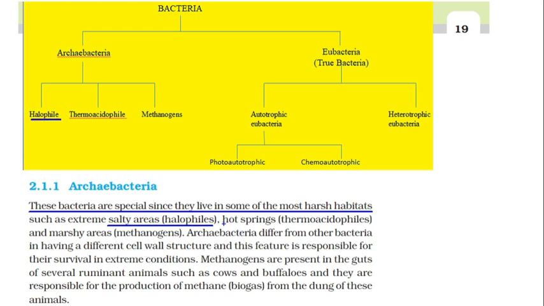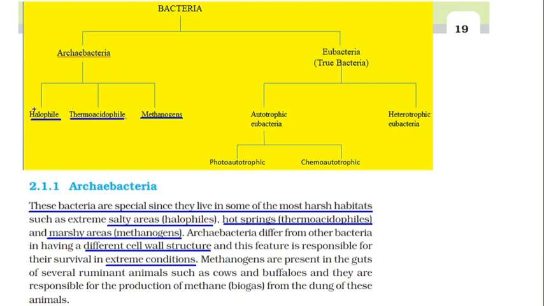Apart from this, some of the bacteria are present in hot springs, very hot temperature. They are also called thermoacidophiles. So the second category is thermoacidophiles. And many bacteria are present in marshy areas. Those bacteria are known as methanogens. So we have the third category, that is methanogens. So archaebacteria are very different. These bacteria have a different kind of cell wall structure and they are known to be present in extreme conditions.